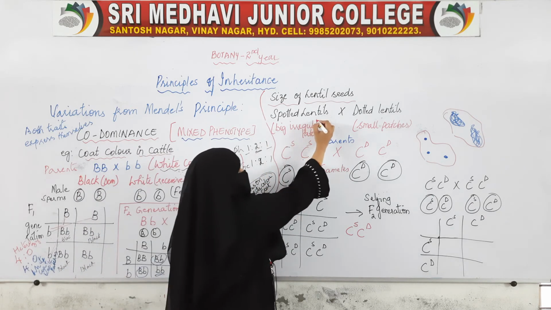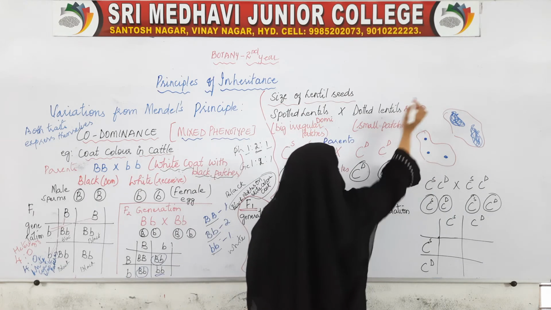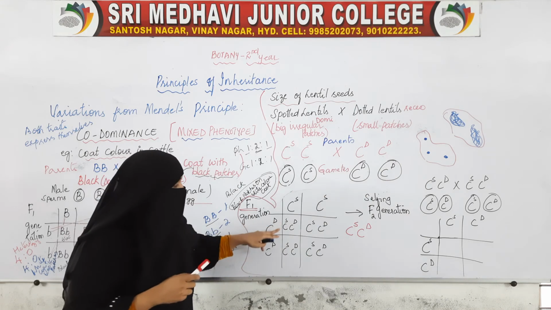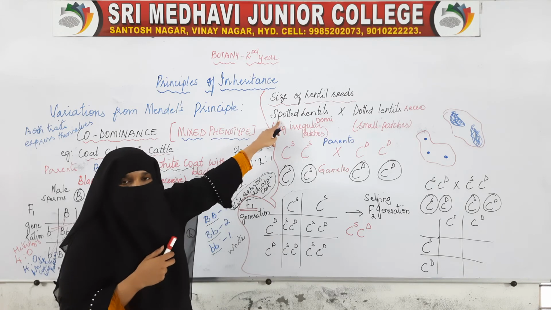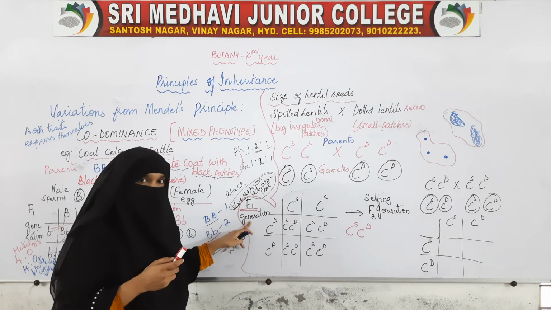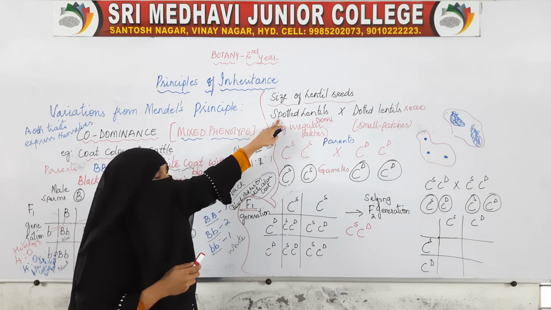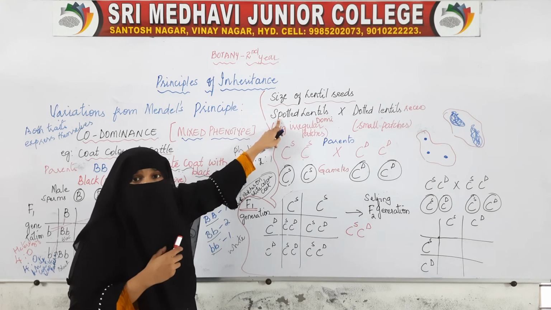The big and regular patches is the dominant one. This is the recessive one. So in the F1 generation, we should have got all the lentils with big patches. Dominant means we should have got all spotted lentils, according to Mendel's law.